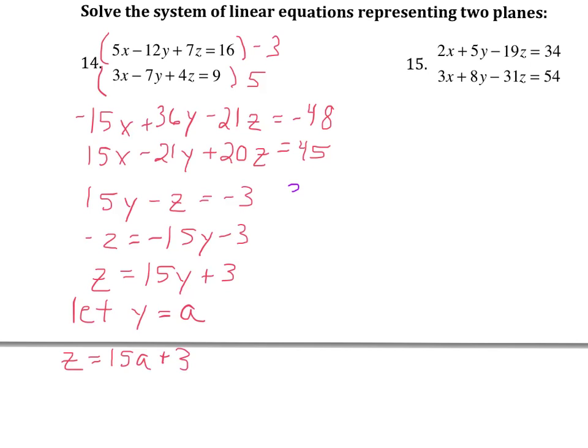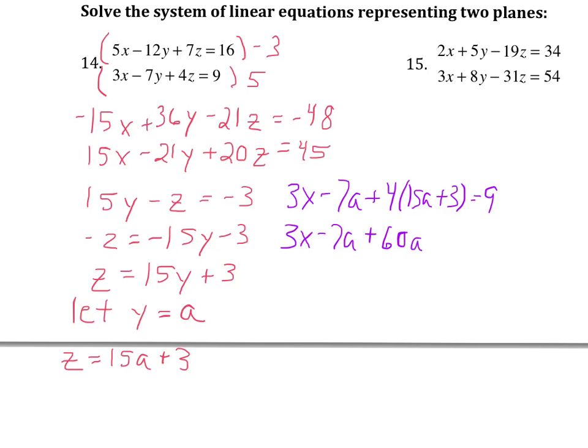So I have 3x minus 7a plus 4 times 15a plus 3 equals 9. So 3x minus 7a plus 60a plus 12 equals 9.